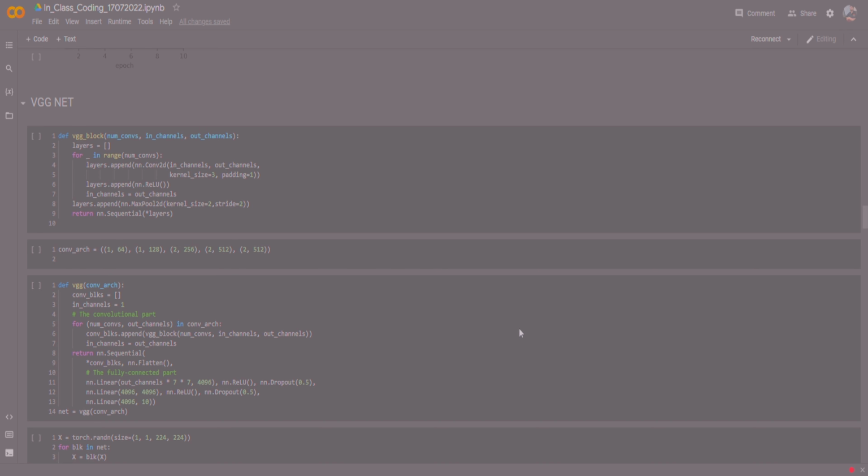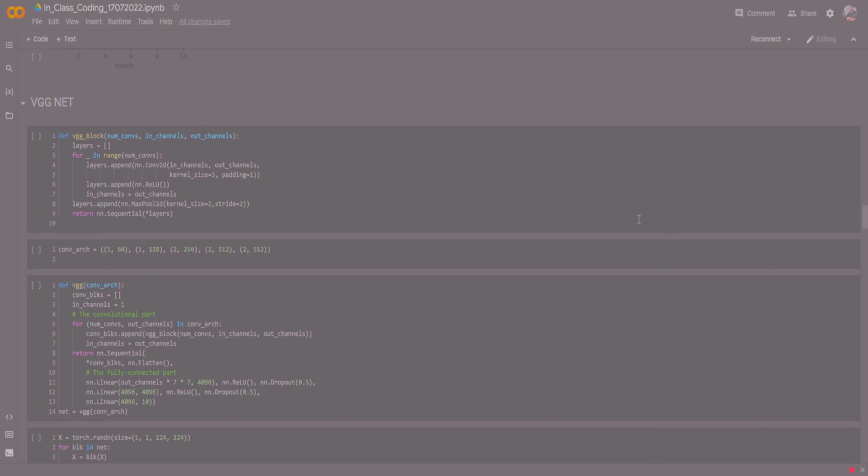So the first part should be the VGG block. According to the specification, you may require the number of convolutions, how many input channels and how many output channels for that particular block. According to that, I have to define it. So we are defining the VGG block over here.